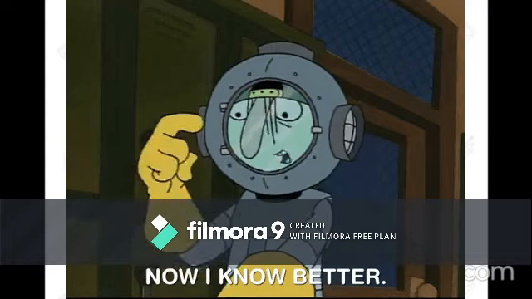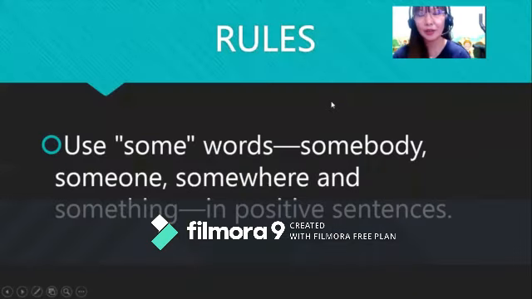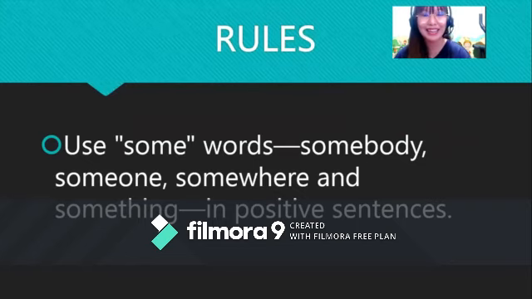Okay, so another rule is that use some words like somebody, someone, somewhere, and something in positive sentences. For example, he lives somewhere near here. Hindi mo sasabihin, he lives anywhere near here.